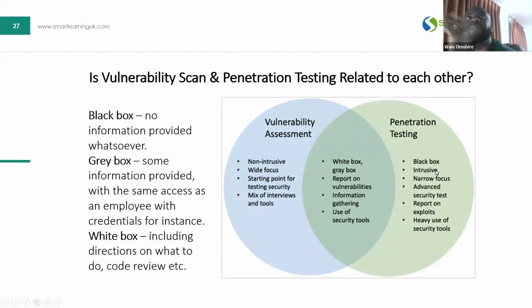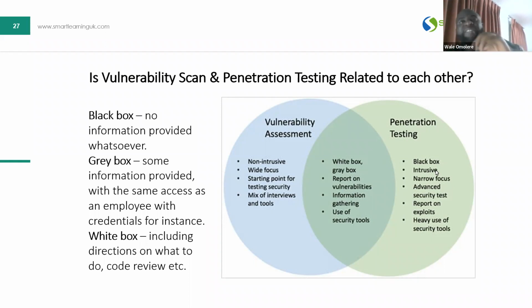I was trying to explain the intrusiveness yesterday with the concept of the house, the beautiful home that you have, the threat agent, and the door being the control. If you remember yesterday, I said that in pen testing you are applying force, hence the word exploit, okay? And when you apply force to a thing, chances are you could damage that thing, so we can conclude that penetration testing is intrusive, all right?